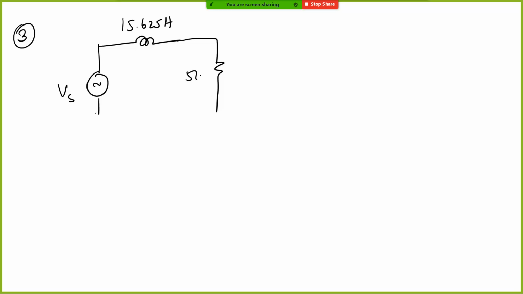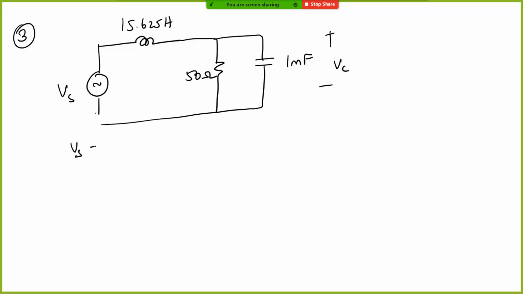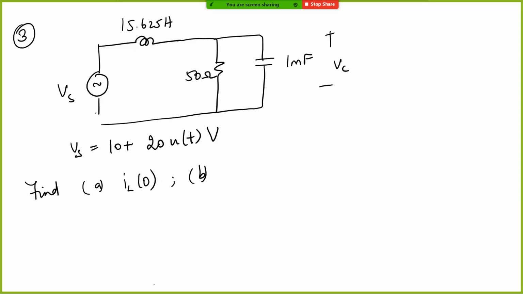This is 50 ohm, 1 millifarad. This is VC. VS is given by 10 plus 20 U of t volt. You need to find IL of 0, VC of 0, and IL forced, IL of 0.1 seconds.